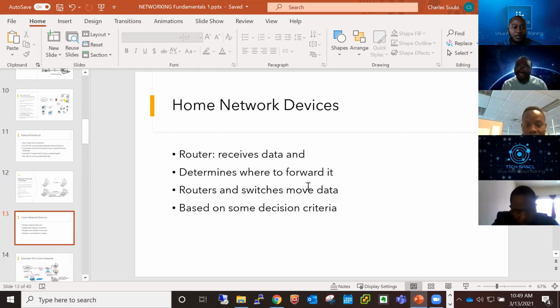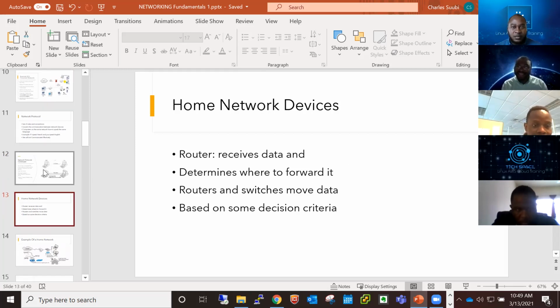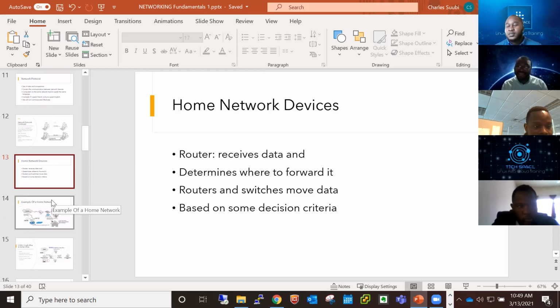Do you guys have things like Wi-Fi boosters and all that stuff? Wireless access points, yes. So routers or modems. In most cases, your service providers will put the routing capability into your modems. So a modem will act as a wireless access point, but at the same time, it will also act as a router.